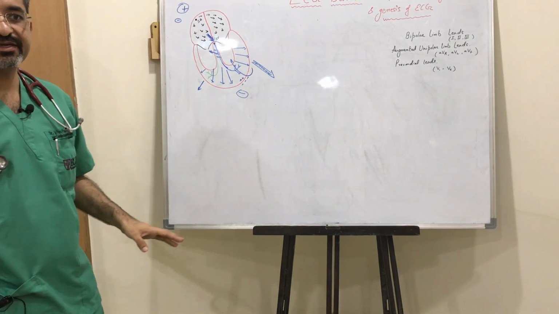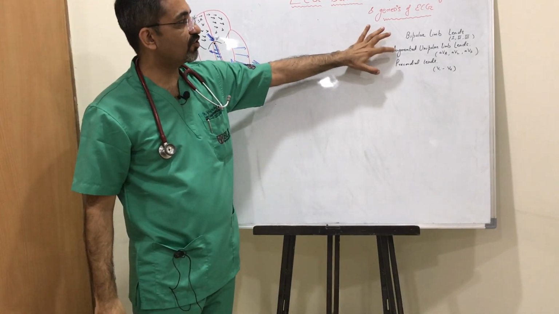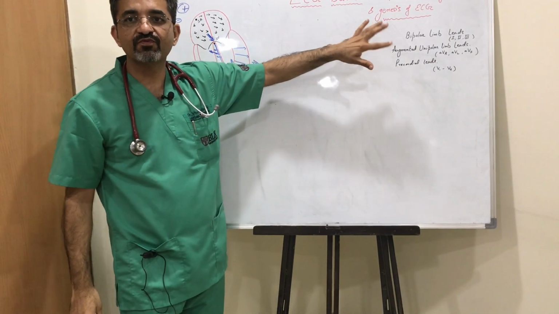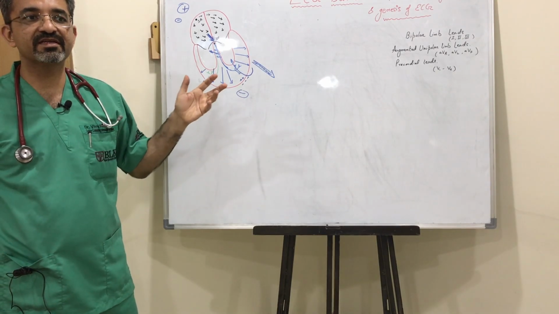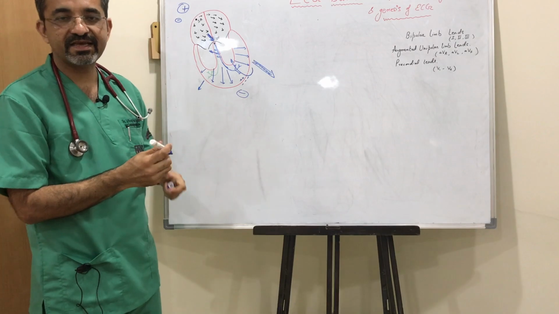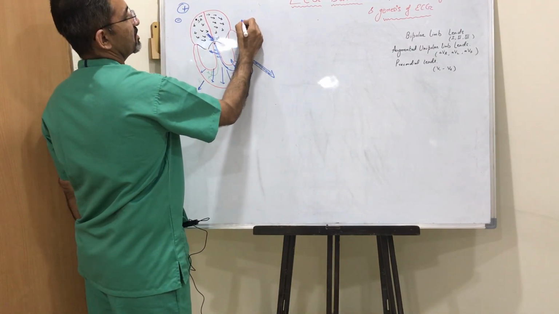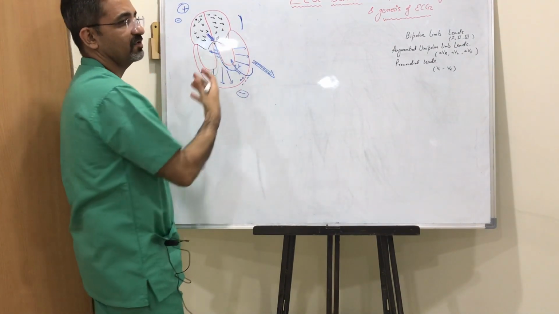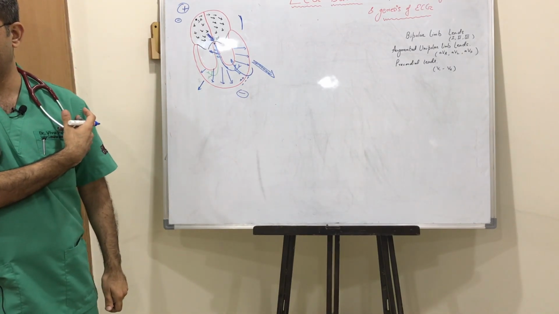So if we concentrate on bipolar and augmented unipolar leads, which part of the heart are they really examining? If I say one is examining this part, left high lateral.